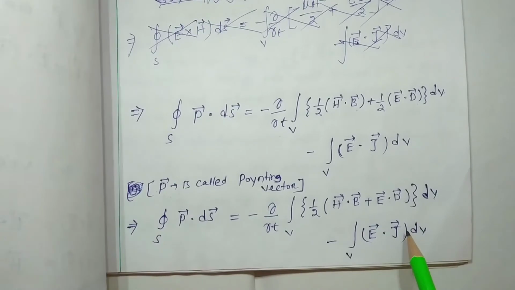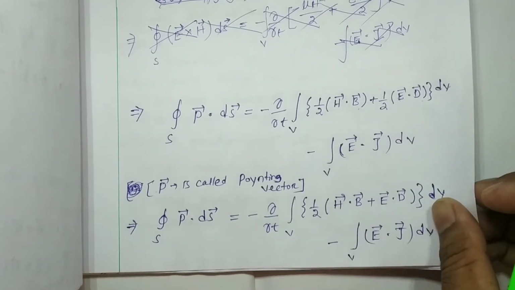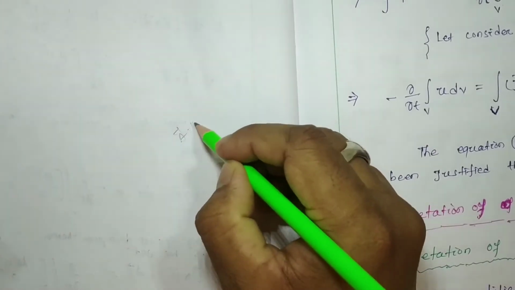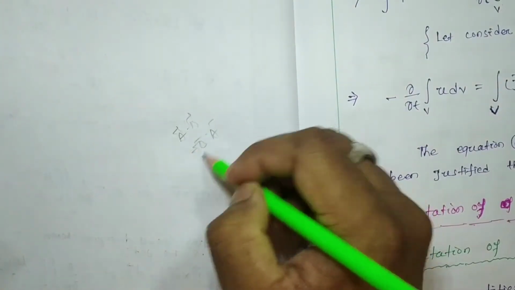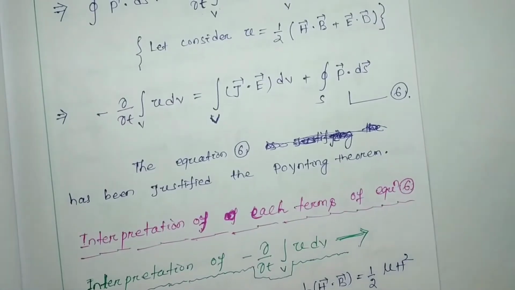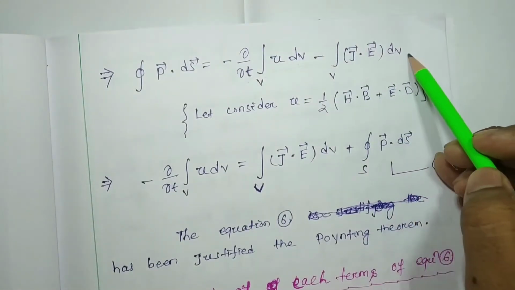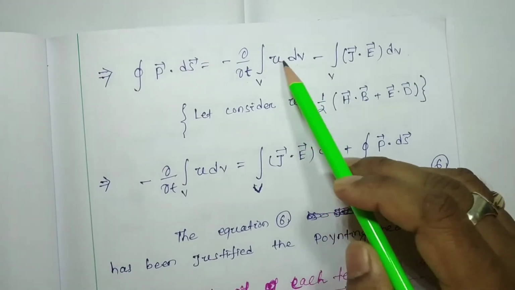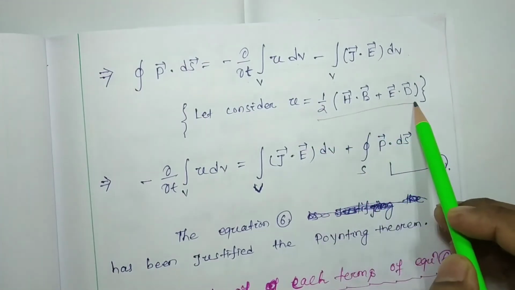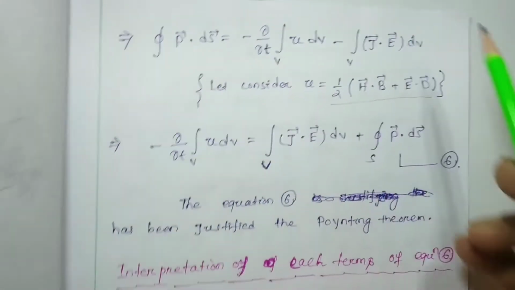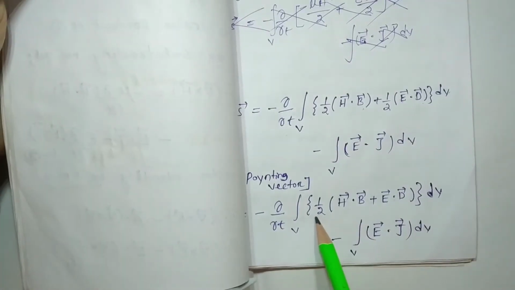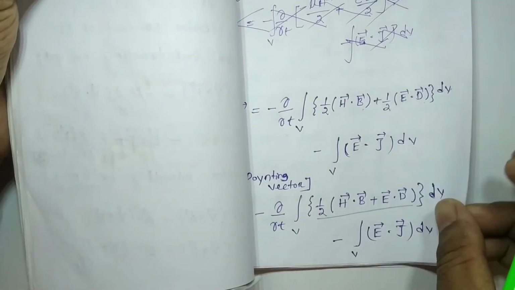the volume integration of E dot J. We can write J dot E also, because A dot B is nothing but B dot A, the dot product is the same, so it can be written as the volume integration of J dot E into dV. Here, instead of this much we have considered u.